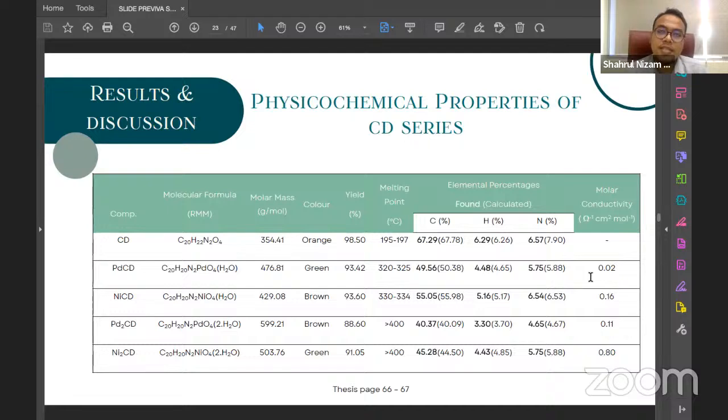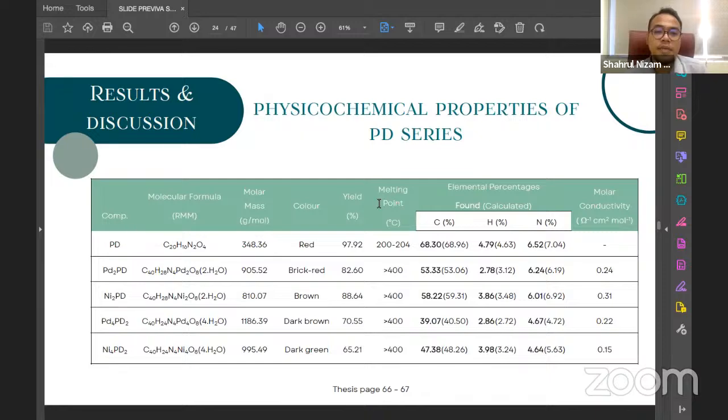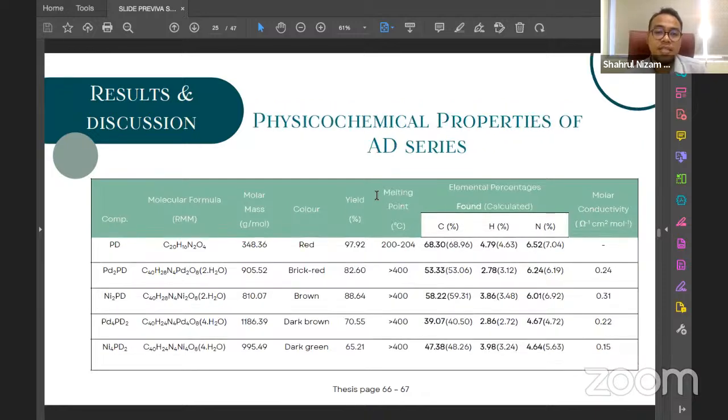When the reading is very low, fine, but when the reading is very, very high, it indicates that the whole solution of the complexes has an electrolytic nature. So they are electrolytes, and when they are electrolytes, we can tell that there are probably counter anions present in the compound. So that can be indicated through molar conductivity. And this is for the PD series, and this is for the AD series.